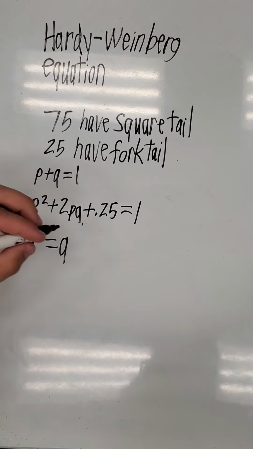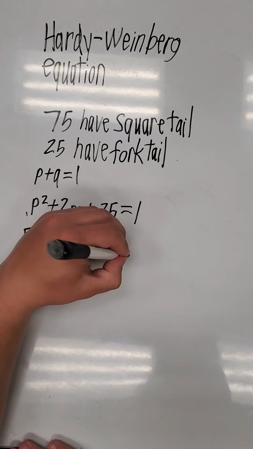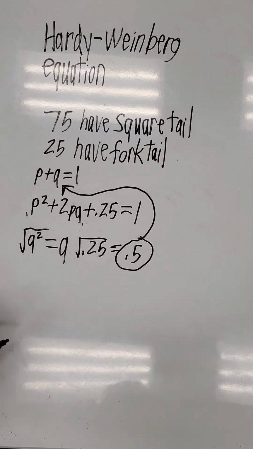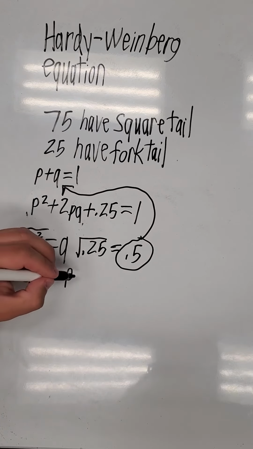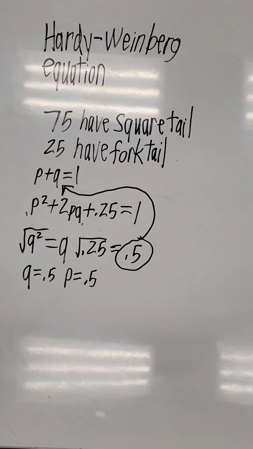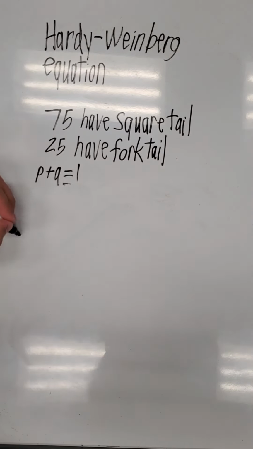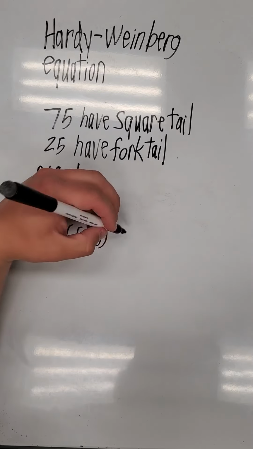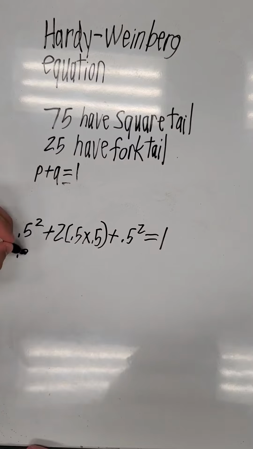We take that and square root it, and we'll get our Q value. After the calculation, we find that P equals 0.5 and Q equals 0.5. Then we simply plug and chug into this big equation down here, and what we get is that everything is equal to 1.